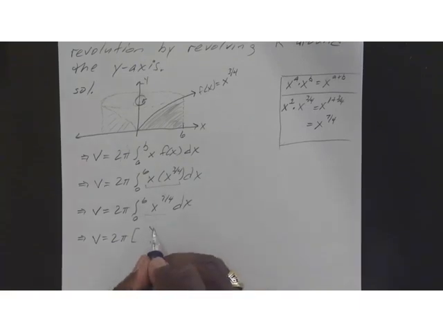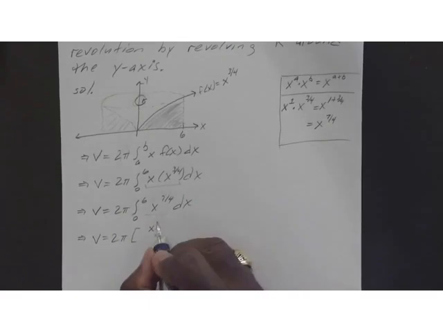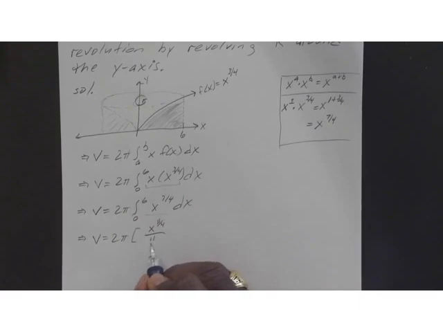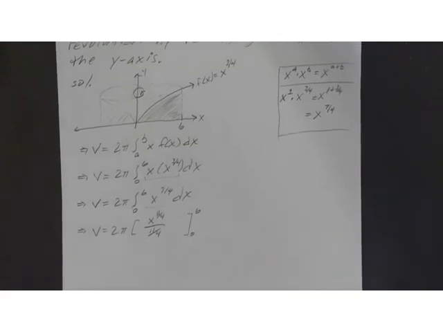So that'll be x to the 11/4 power divided by 11/4. And I'll leave a little bit of space after that because we want to get rid of that 11/4. And that's from 0 to 6.